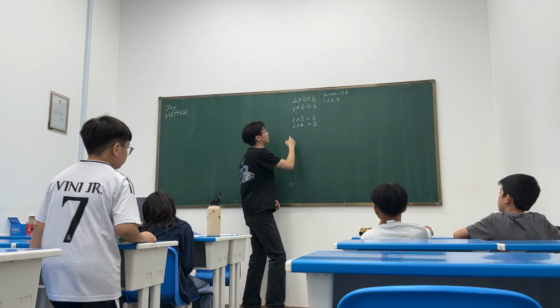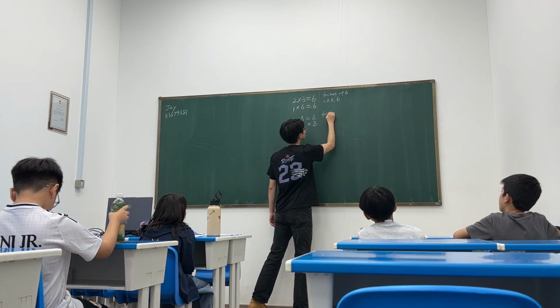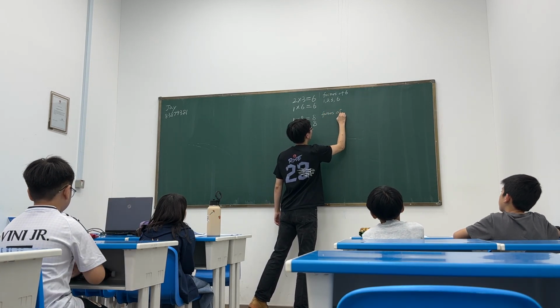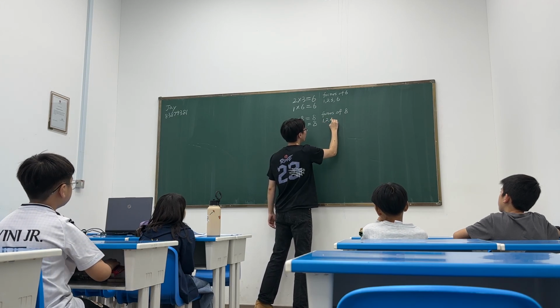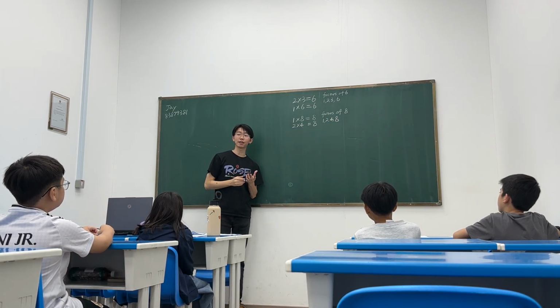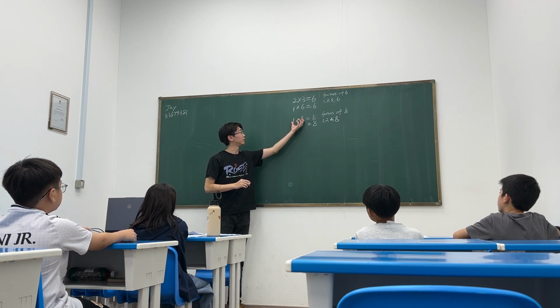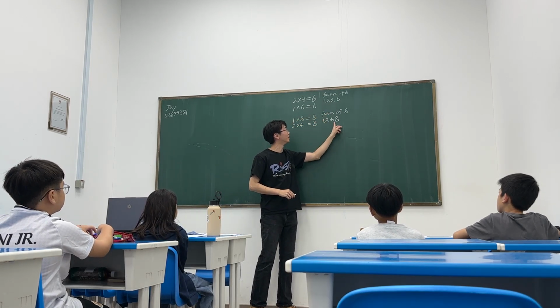So, all the factors of 8 are 1, 2, 4, and 8. So you see, in conclusion, to find out all factors of a number, you split this number into multiplication form.